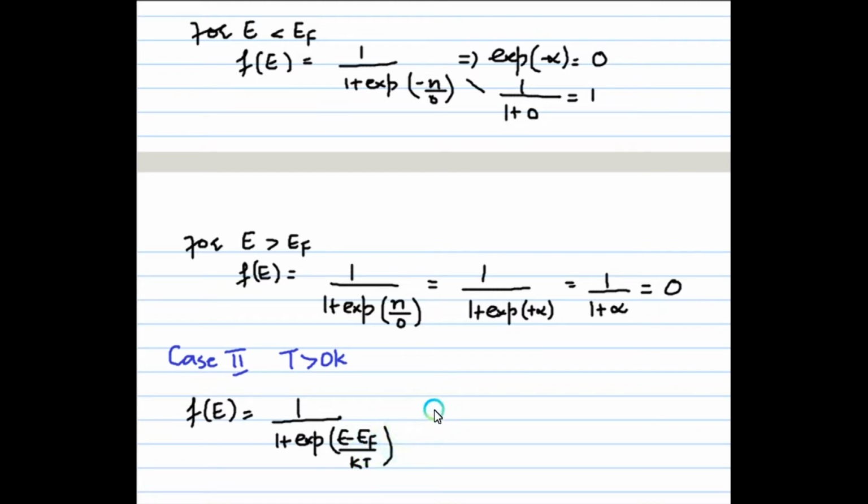Now since it's non-zero, we have to realize this condition for how many cases? E less than EF, E greater than EF, and E energy equal to EF.